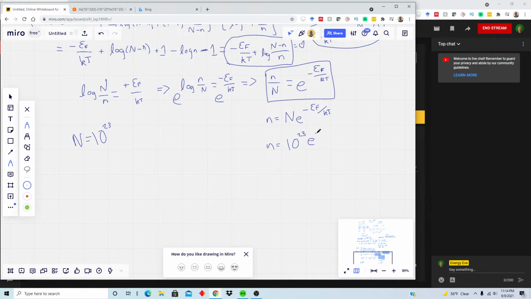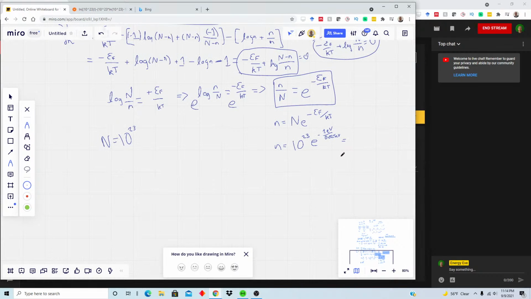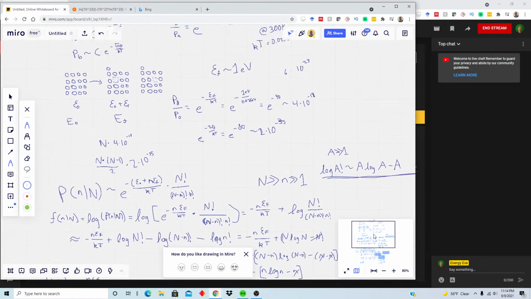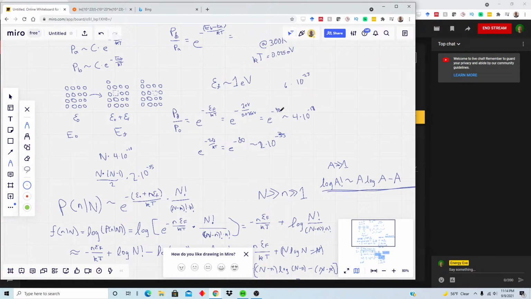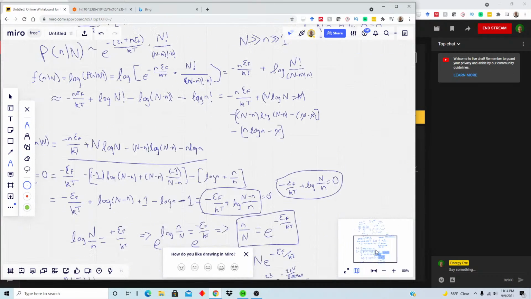So we already calculated this, right? This was 1 EV over, for our room temperature, over this. What did we say this value was? E to the 40 was 4 times 10 to the negative 18.